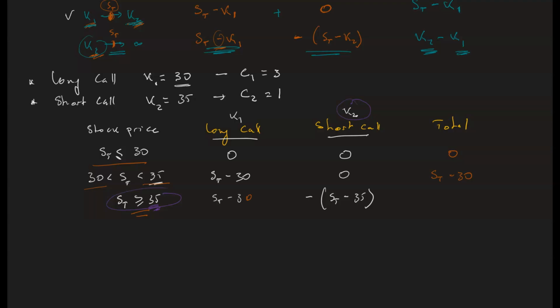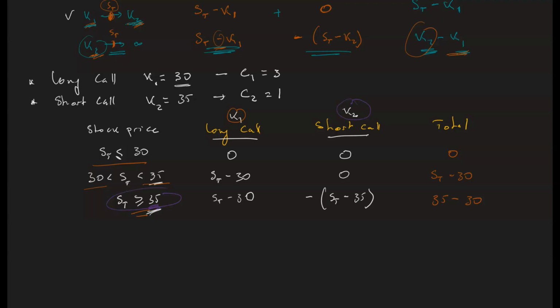Because this is the strike price 1, that's K1, so this should be 30, not 35. So as soon as the stock price goes above 35, what we should have here is going to be the following: K2 minus K1, and K2 again is 35 minus K1, which is 30.